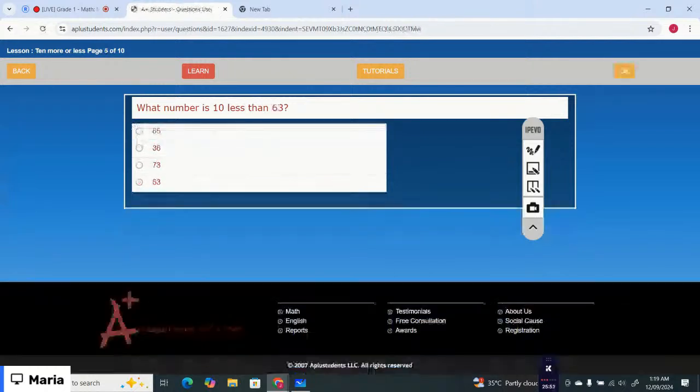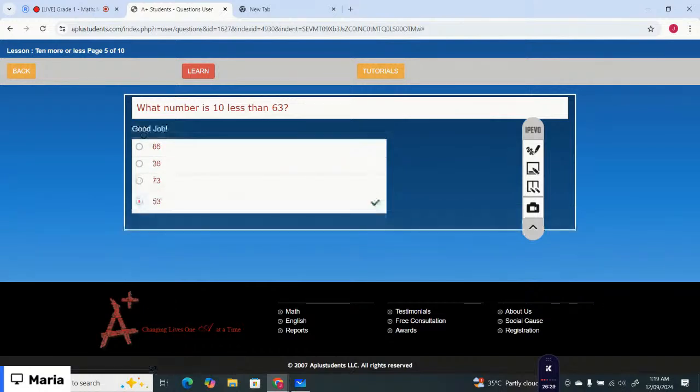The next one is what number is 10 less than 63? So which is the correct option? The correct option is 53. 10 less means you need to subtract 10 out of 63.